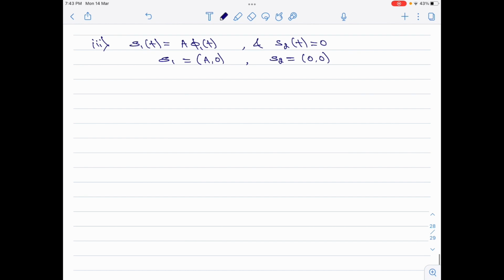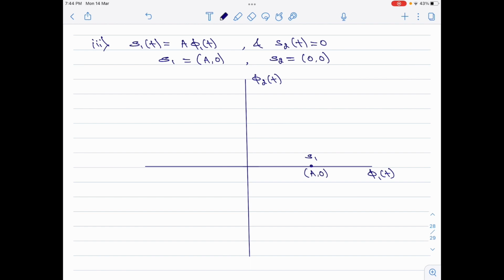Moving on to the constellation diagram. S1 is located again at a distance of a on the x-axis. So, S1 is this point and S2 is 0, 0. So, this is S2 which is 0, 0.